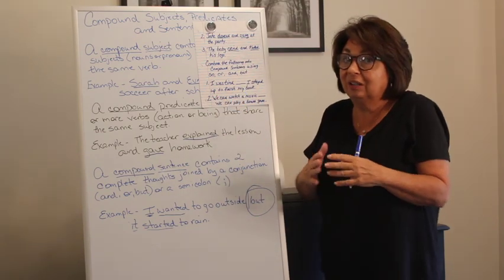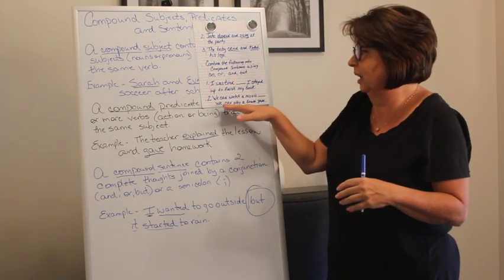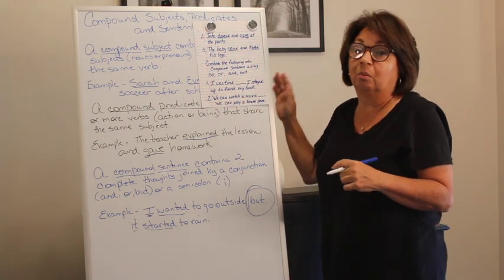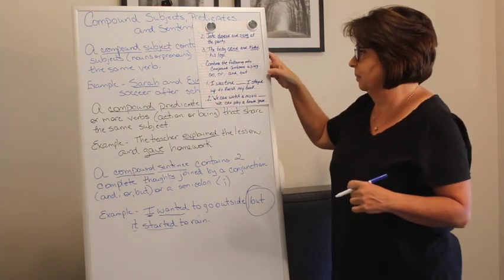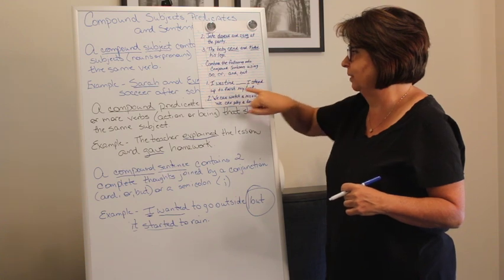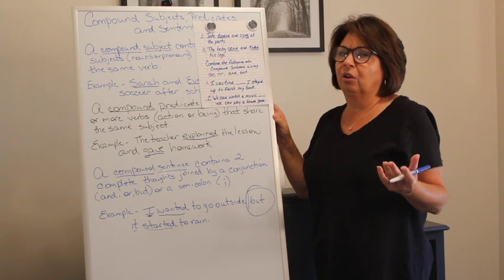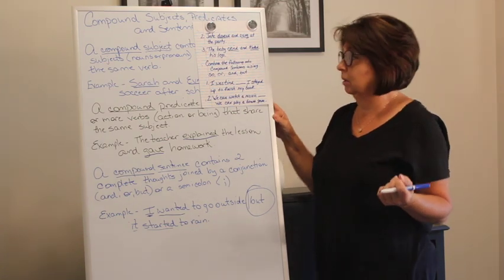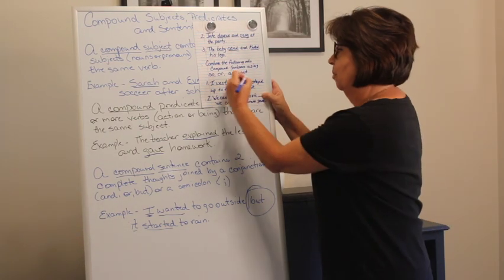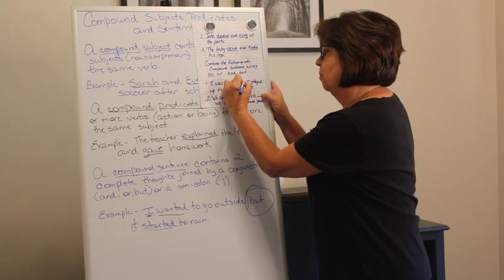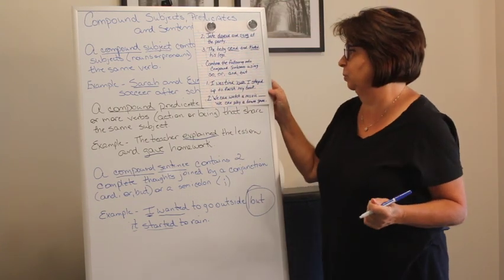But when we put them together and make them compound, the second sentence does not start with a capital. All right, I was tired, blank, I stayed up to finish my book. What is a good thing to put them together with? Yes, but. I was tired, but I stayed up to finish my book.